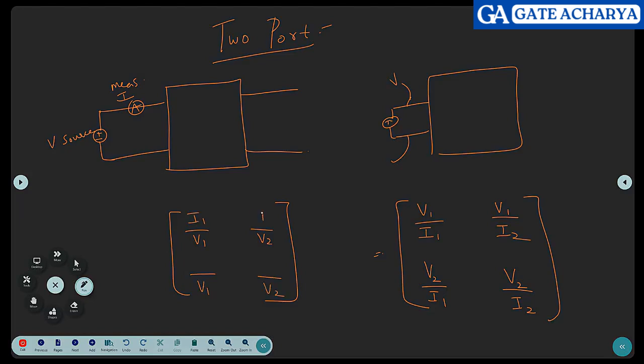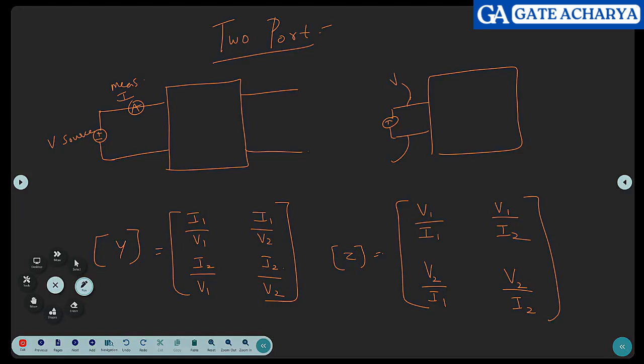I1 is the measurement, I2 is the measurement. Since this is all I by V, we call it conductance. We call this the Y matrix or conductance matrix. And this is all impedance. We call it the impedance matrix.